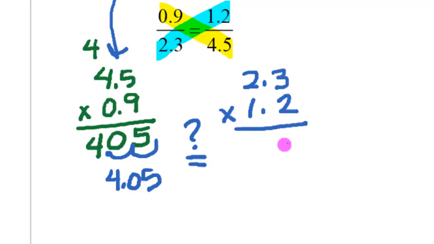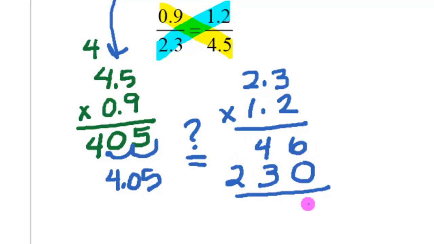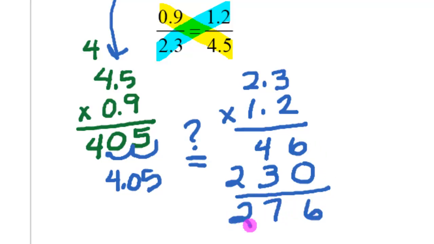So 2 times 3 is 6, and 2 times 2 is 4, and now we have a 0, and then 1 times 3 is 3, and 1 times 2 is 2, and when we add down, 6, 7, and 2, and again, we have 2 decimal places, so we are going to move the decimal point 2 places to the left, and so we have 2.76. So 4.05 is not equal to 2.76. So guess what? This is a false proportion.